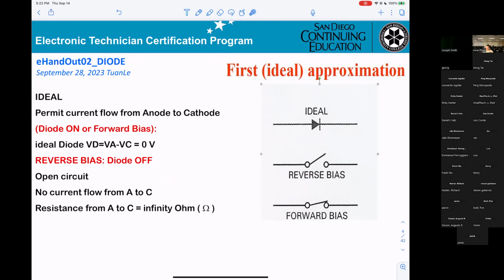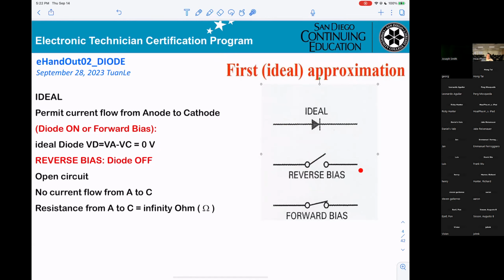Reverse bias. The diode is like a switch, they open. The only thing is they open, they do not allow any current from A to C. That's it. And now, if the diode is conducting, then the current is like the switch, they close.